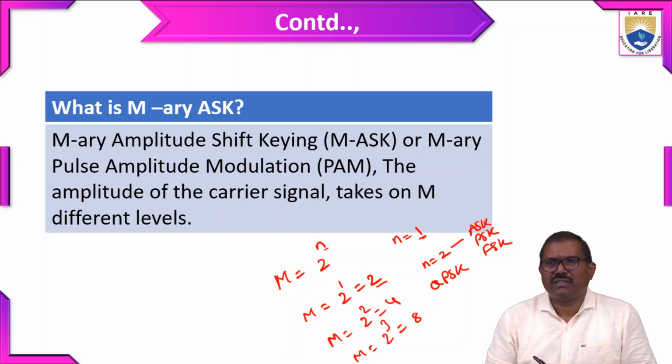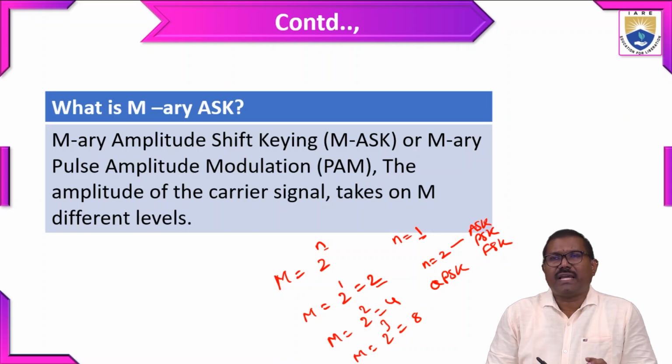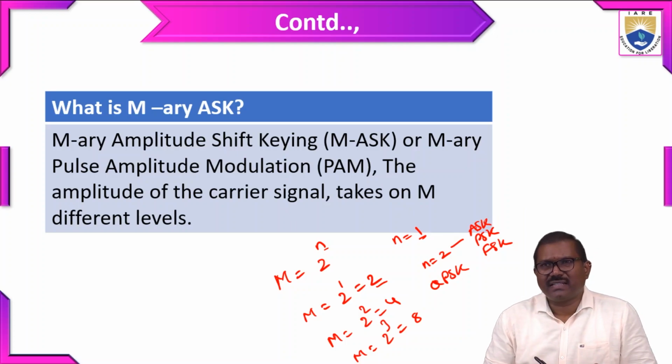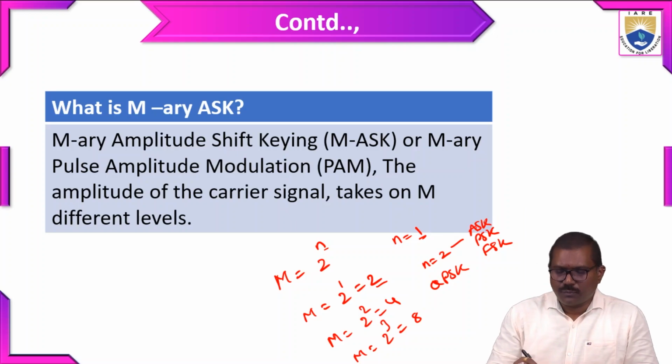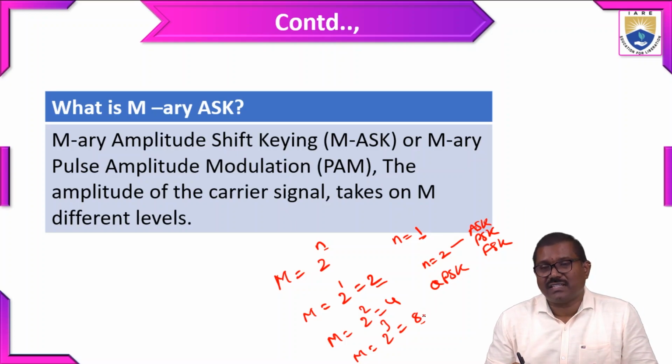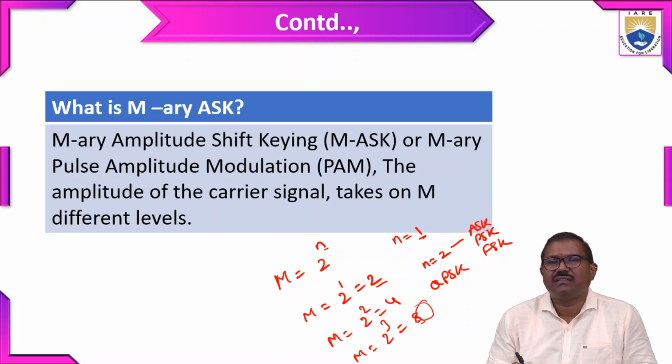M-ary modulation. As you already know, we have two varieties of modulation: binary modulation and M-ary modulation. In binary, it takes only one bit, but in M-ary, the carrier signal takes on M different values. For example, in 8-PSK, 8 different phases are considered.